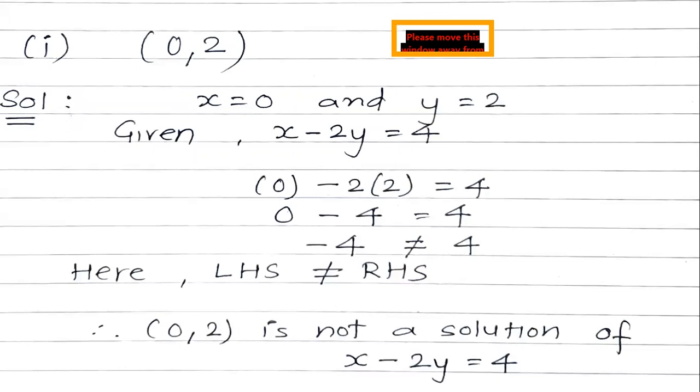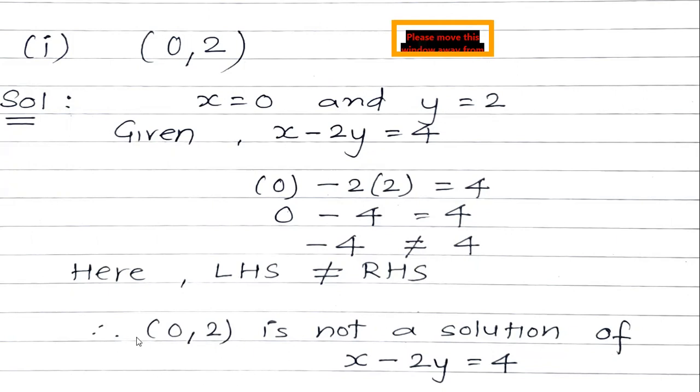Quickly, all that we have to do is put the value of x and y, which is already mentioned. So if x is equal to 0 as mentioned in the question and y is equal to 2, let me replace the values. If I get the LHS and RHS to be equal, I can conclude that the given solution is a solution of the equation.